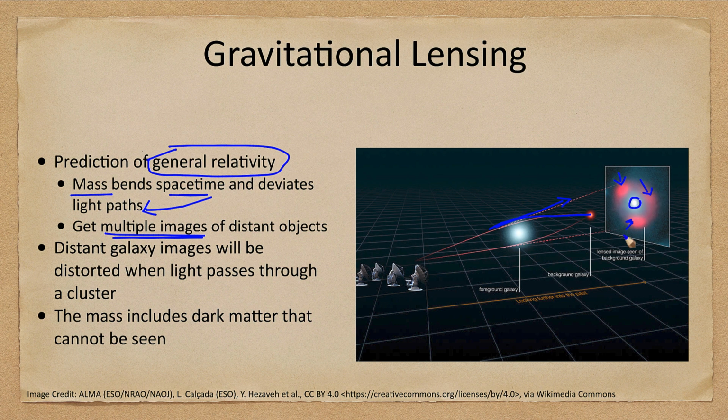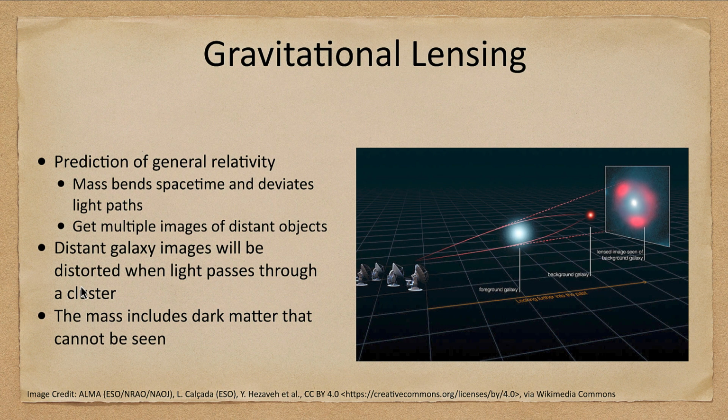So we can see multiple images of this background galaxy. The mass that we see when this happens includes dark matter. So the amount of bending depends not only on the visible matter, but also on the unseen dark matter.